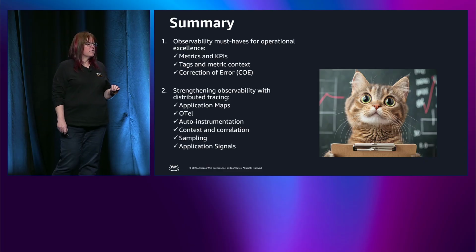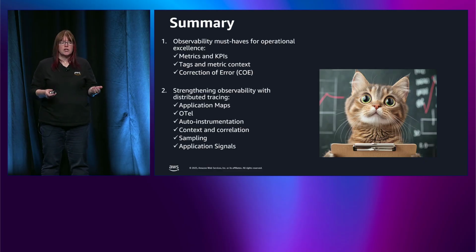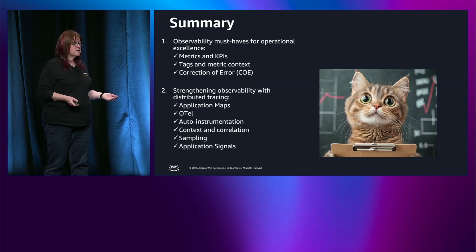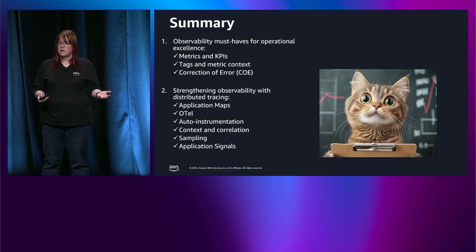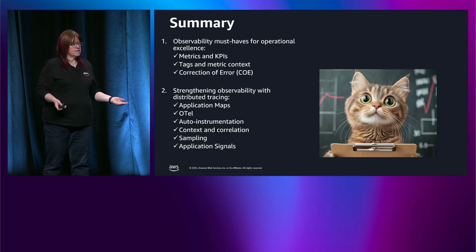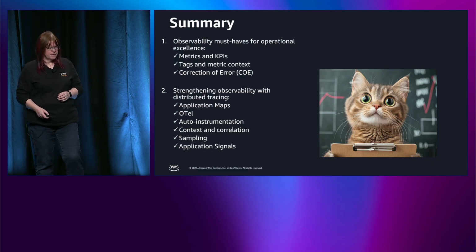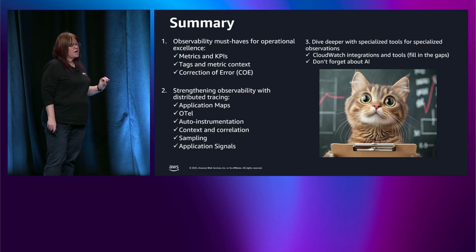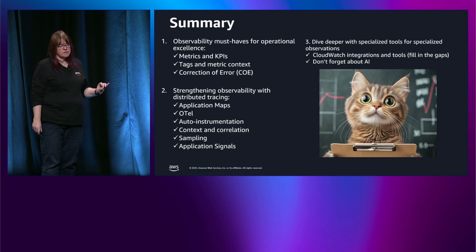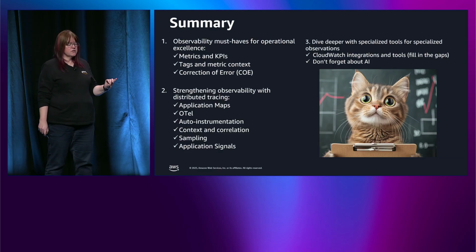Anya has taken you through a great journey on tracing and shown you how it doesn't need to be complicated and some of the tools you can use to not only help you get that data, but to explore and navigate that data. And we've had a really quick look at some of the specialized tools and the integrations, and don't forget about AI.